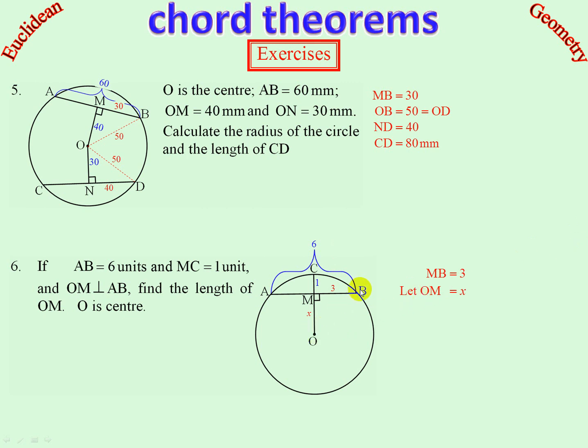Now, if we draw an OB, we know the length of the radius because OC is also a radius. So therefore, OB is x plus 1. We can use Pythagoras theorem for an equation. And solving the equation, we get x equal to 4 millimeters. In other words, that's the length of OM, 4 millimeters.